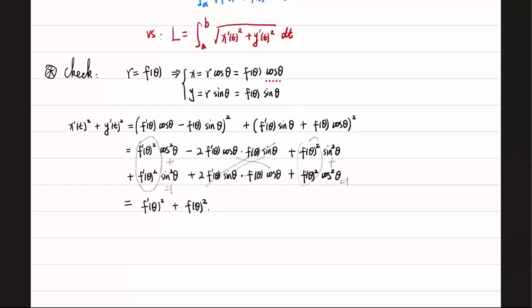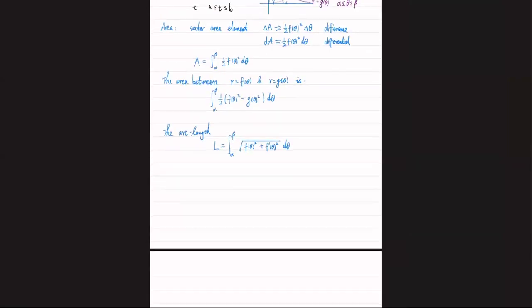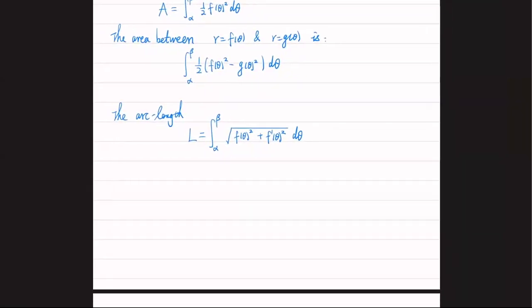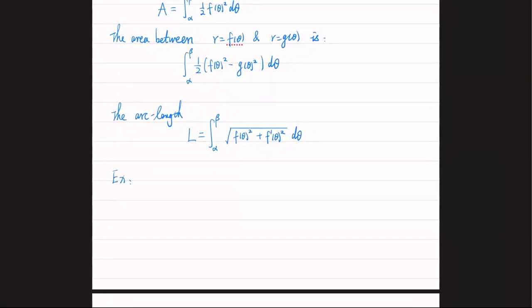That's the previous lecture. Let's have a simple example. The simplest one, r equals 2. So this will be a circle of radius 2. Zichen, what's the arc length of a circle of radius 2?